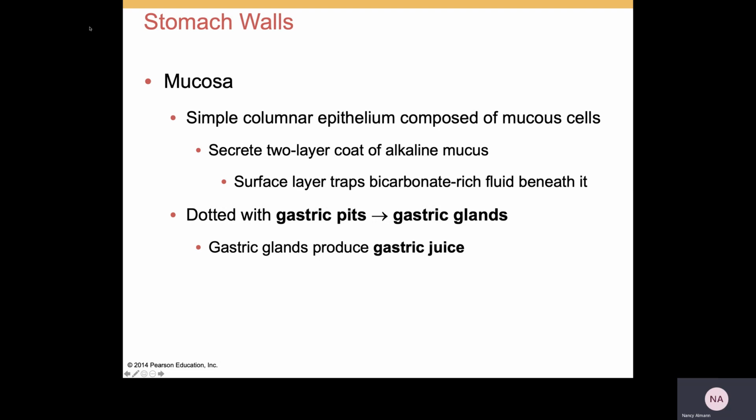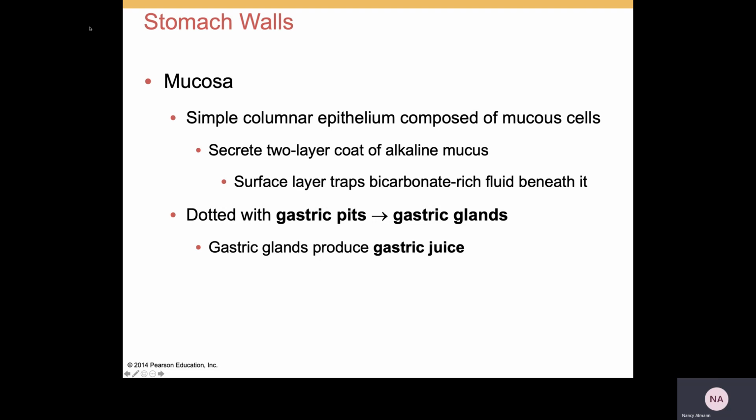So the outermost layer will be a thinner alkaline mucus, and deep to that will be a bicarbonate-rich, thicker mucus. That mucus is important because it protects the stomach walls from hydrochloric acid. And you want the mucus to contain bicarbonate ions because they will help neutralize the acid, again, as a protection mechanism so the walls of the stomach don't get burned or damaged by the acid.